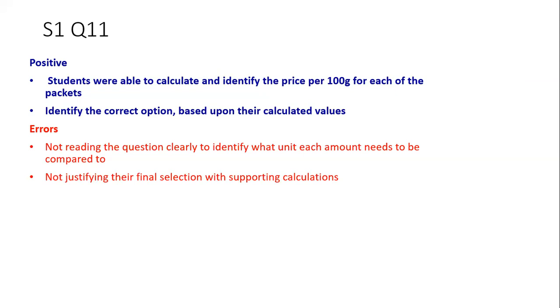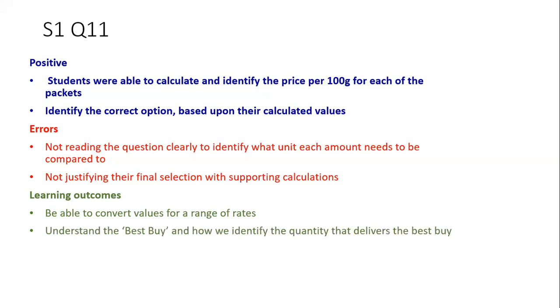So again, we don't think that they either read the question clearly or understood what the justification was in terms of the maths here. Now, where we want to move forward and what we think that the kids need to be aware of is obviously being able to convert values from a range of rates. So this was one example in terms of best buys. And again, look, we've done best buys.